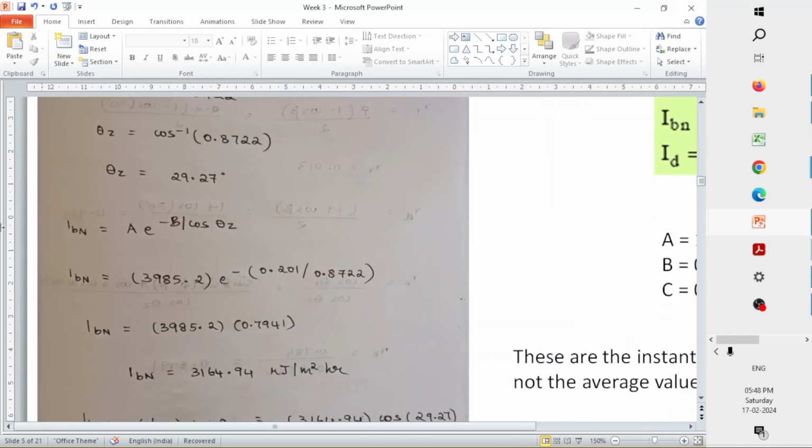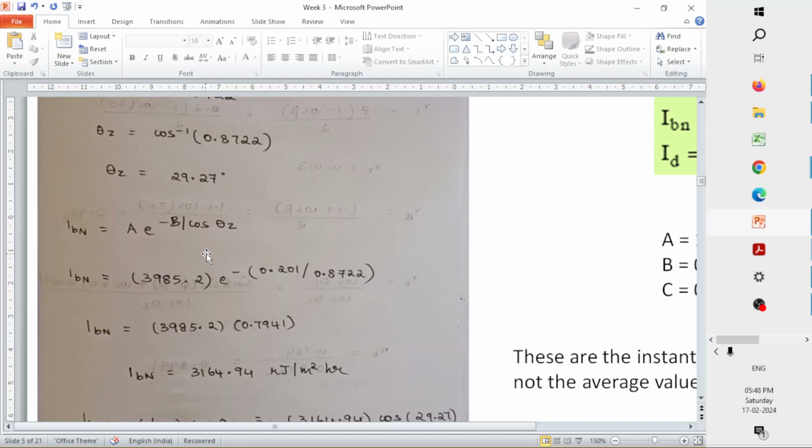So your IBN, this is the beam normal flux, that is the flux that is falling directly in the normal direction, is given by the formula A into e power minus B divided by cos of theta z.